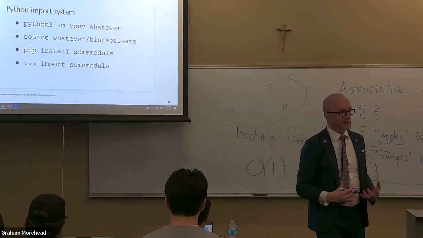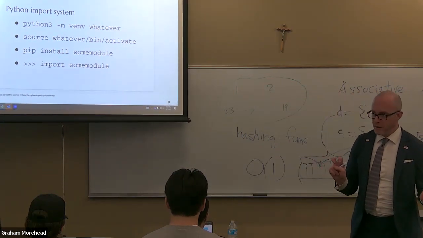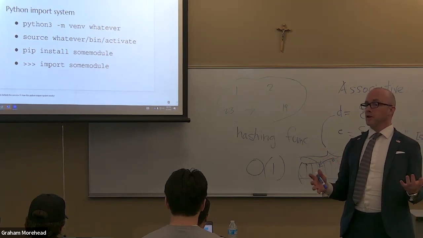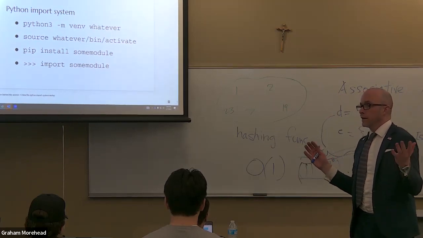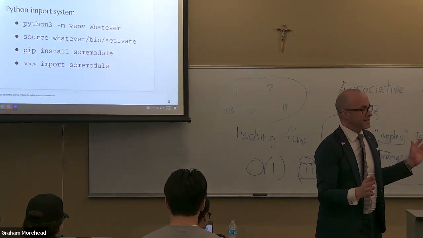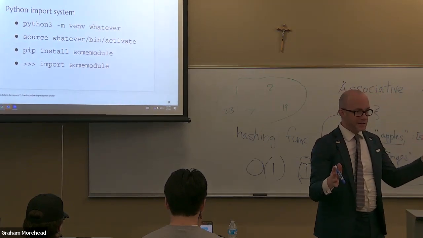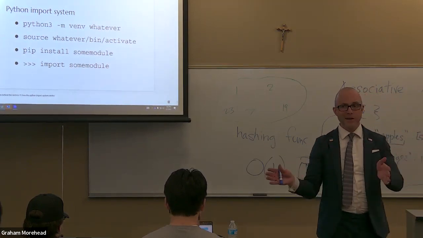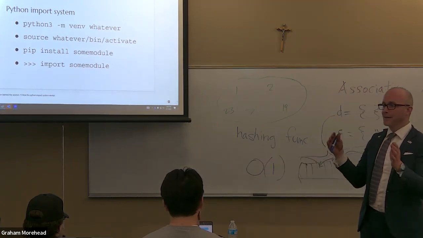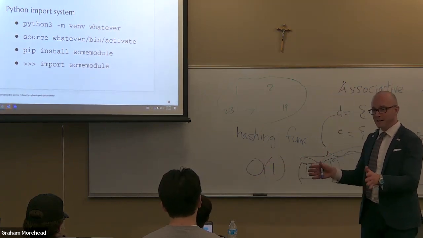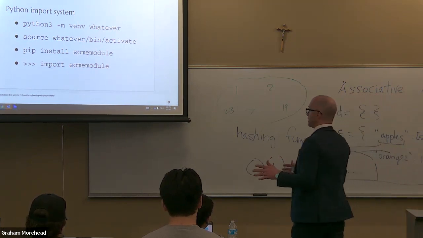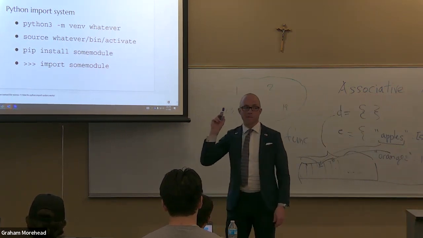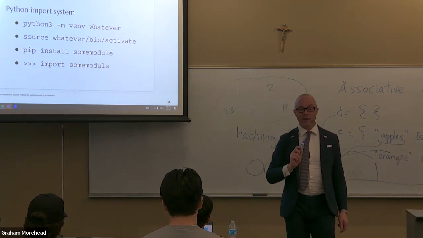Now you're in that quote unquote environment, which means you can pip install whatever you want, and it kind of stays in that environment, like Vegas. What happens in Vegas stays in Vegas, right? What happens in that environment is going to be only in that environment, and you can install anything and it's not going to mess up other stuff.